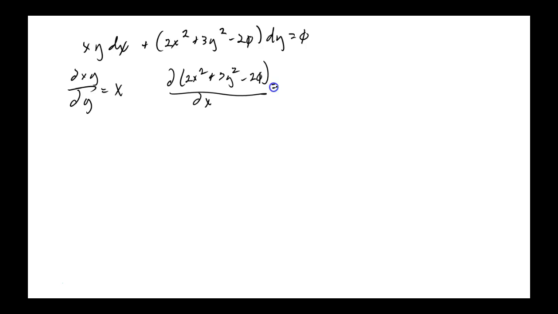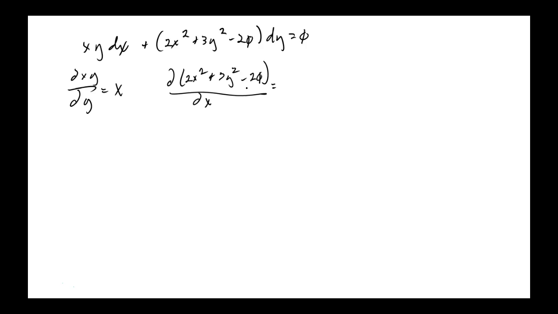is really not that hard. 6y. It's what? 6y. That has no x's in it. Partial with respect to x is 0 of this, just like that one.